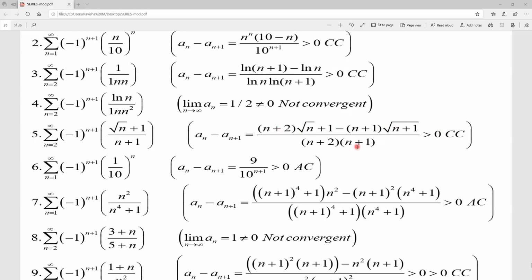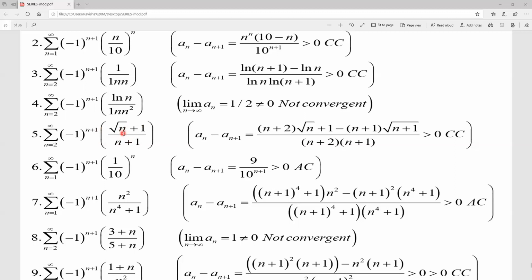The whole term is positive for all n greater than or equal to 2, so the second condition is also verified. Even the third condition of the Leibniz test is verified. When n tends to infinity of this term, the denominator is bigger compared to the numerator. Obviously this goes to 0 when n tends to infinity, and the third condition is also verified. Therefore the given series is convergent.